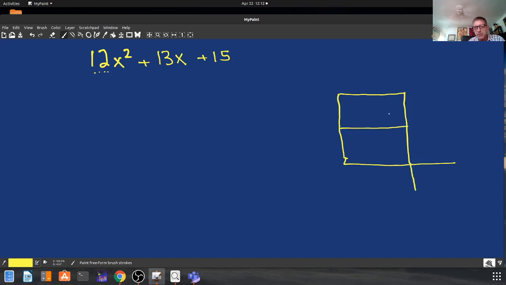Notice there's a lot of different ways to factor 12x squared. I could do 12x and x, I could do 6x and 2x, I could do 3x and 4x. Choose one of them and stay.